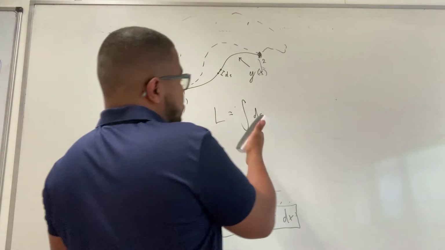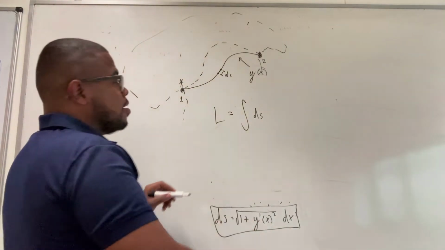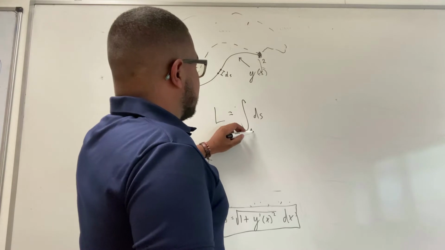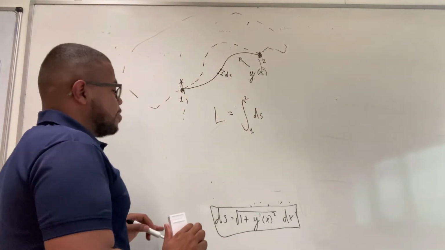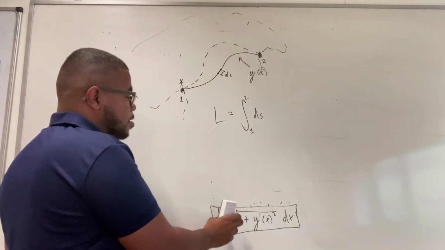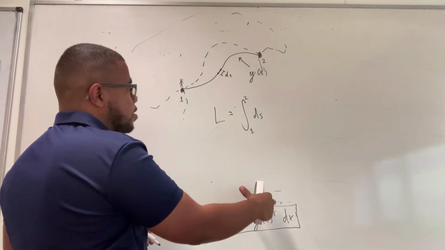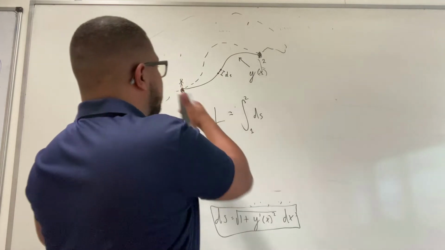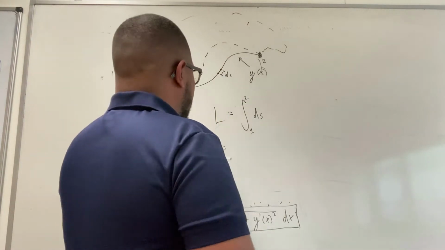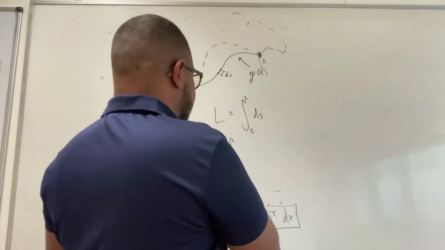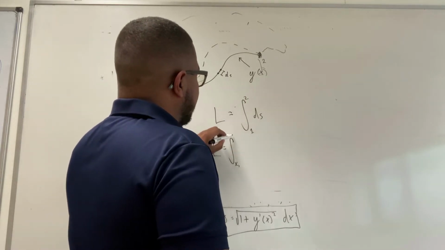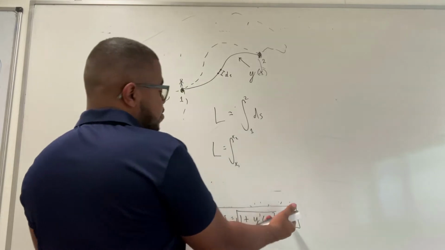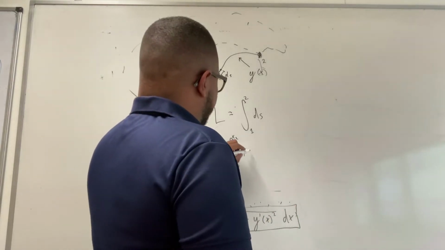We say that we're taking the integral of ds from state 1 to state 2. All right, all fair, nice. Now we can substitute for ds the expression which we found right here, giving us a total path in this case of the integral, this time not from 1 to 2, but from x1 to x2, since we're going to have this dx right here of 1.